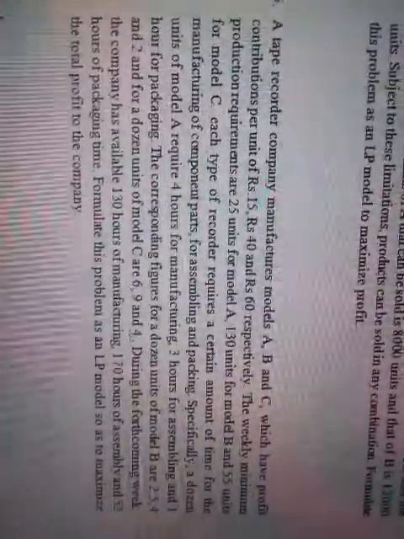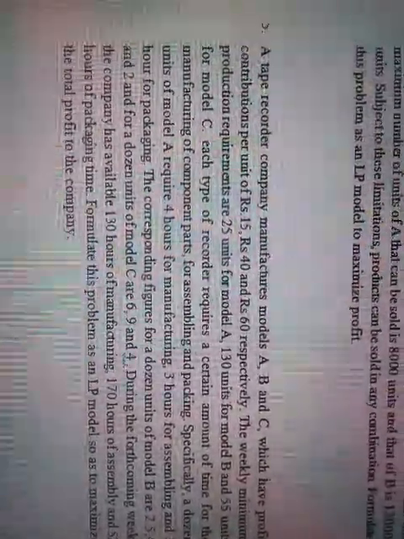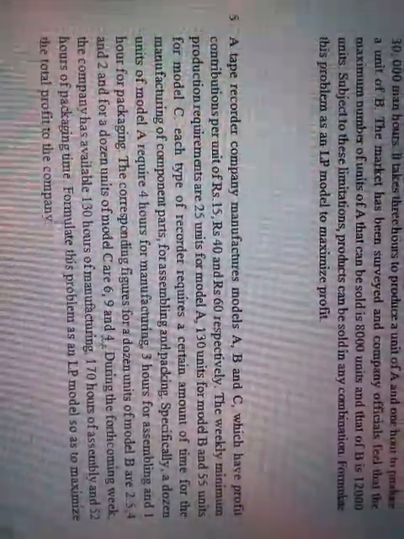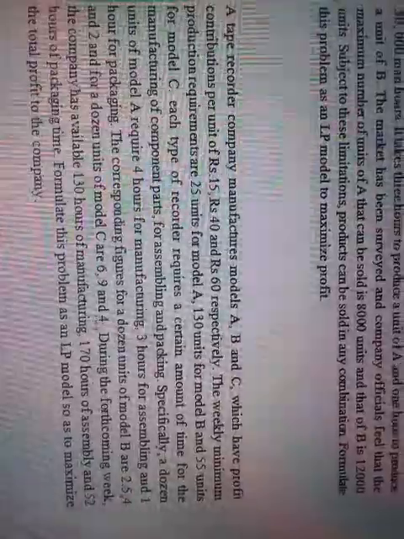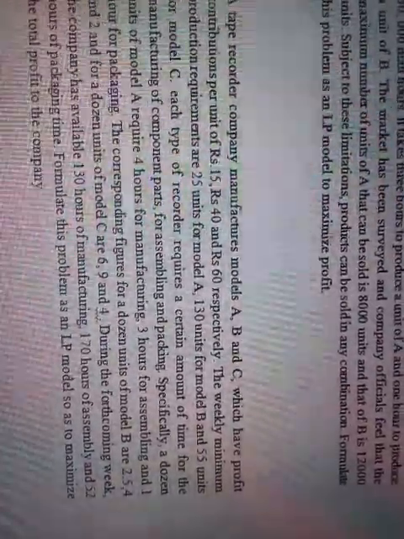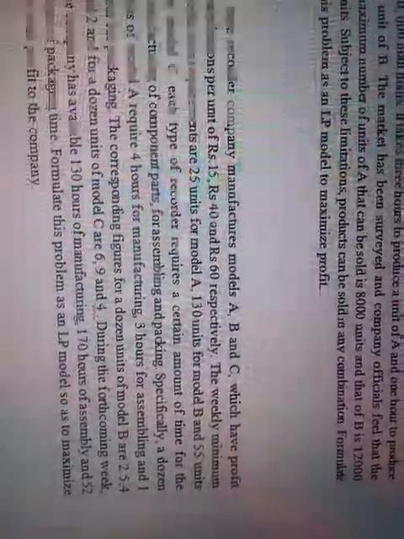The next one is the fifth problem. A tape recorder company manufactures models A, B and C, which have a profit contribution per unit of rupees 15, 40, 60 respectively.